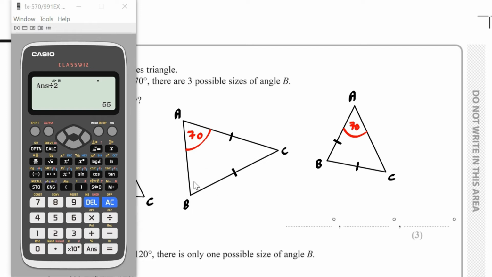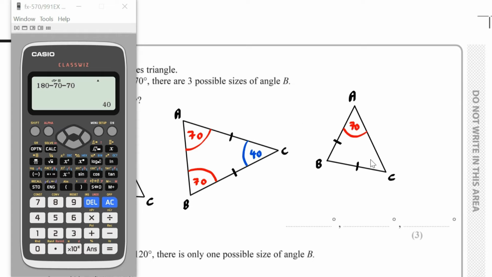What I could have here is this angle being 70 degrees. Then 180 take away 70 take away another 70 will be 40. So this angle here could be 40 degrees. Or we could have the 70 here.